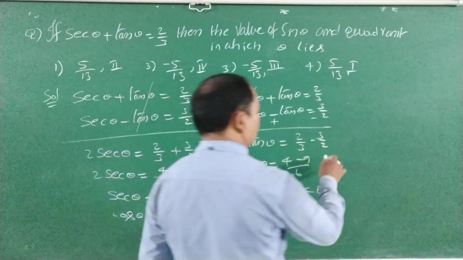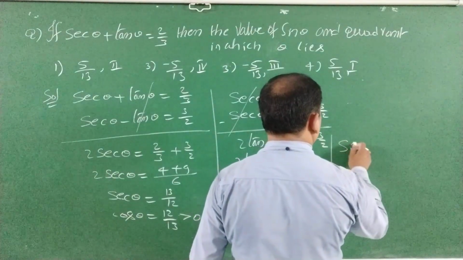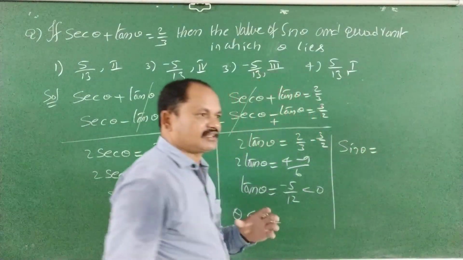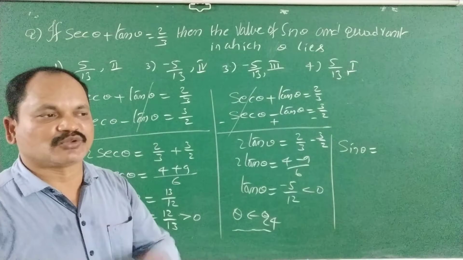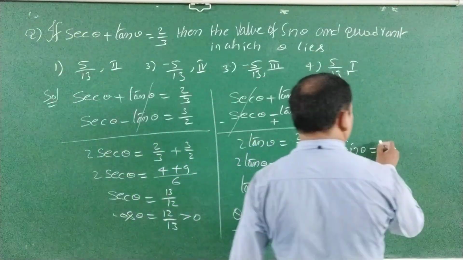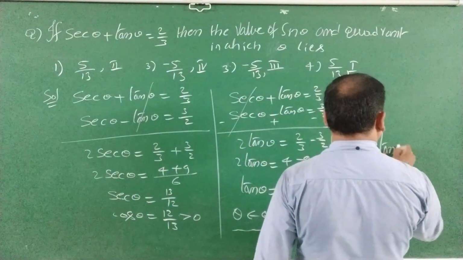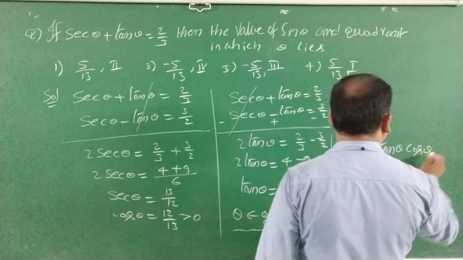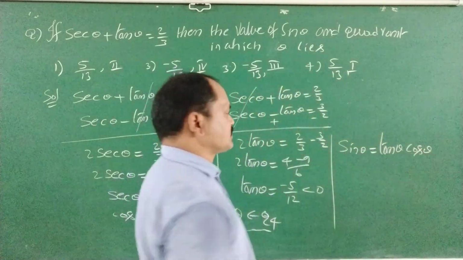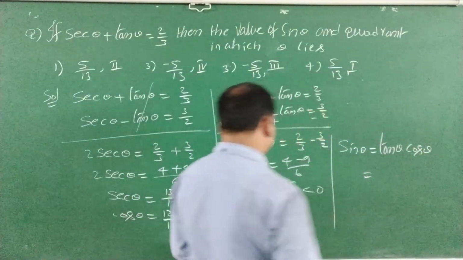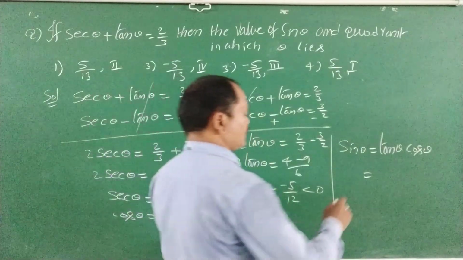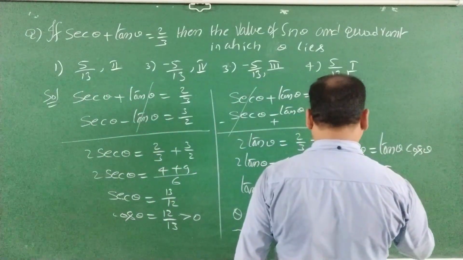Now what is required? Sin theta is required. So we know that sin theta is equal to tan theta into cos theta. Are you clear? Substitute here. The value of tan theta is minus 5 by 12.